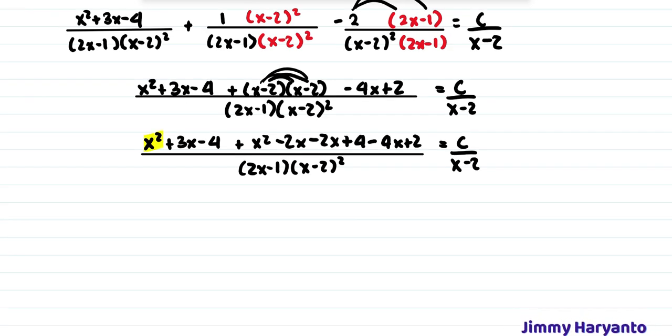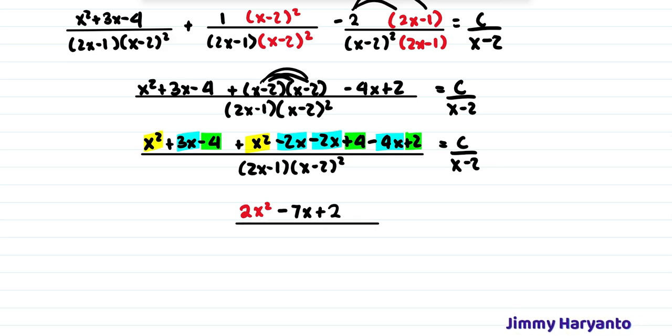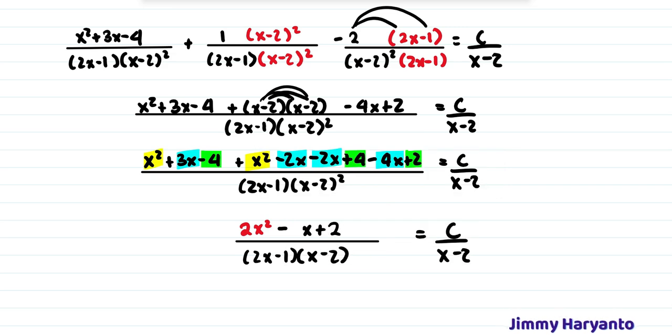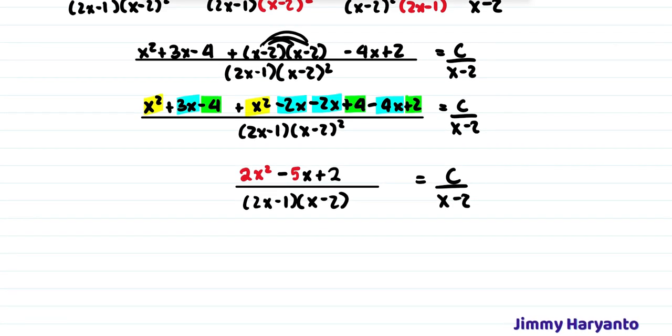First, I want to calculate the x squared. x squared plus x squared equals 2x squared. Second is 3x minus 2x minus 2x minus 4x. You'll have negative 7x, and then negative 4 plus 4 equals 0, and then plus 2, over 2x minus 1, x minus 2. Oh, my bad guys, I made a mistake when I calculated the x. It should be 5x. Okay, that's correct right now.